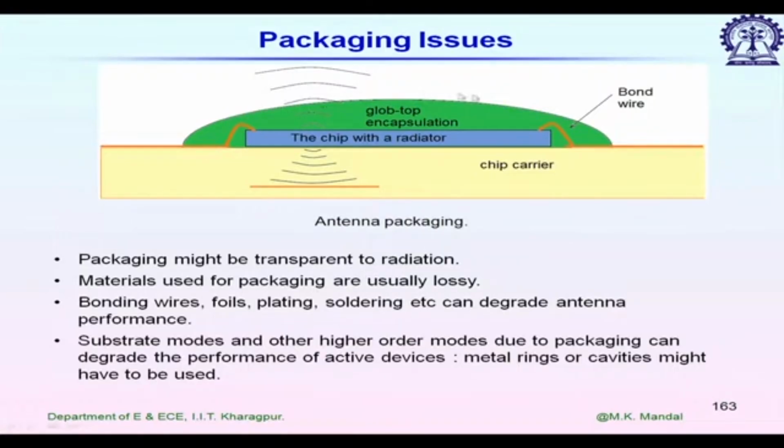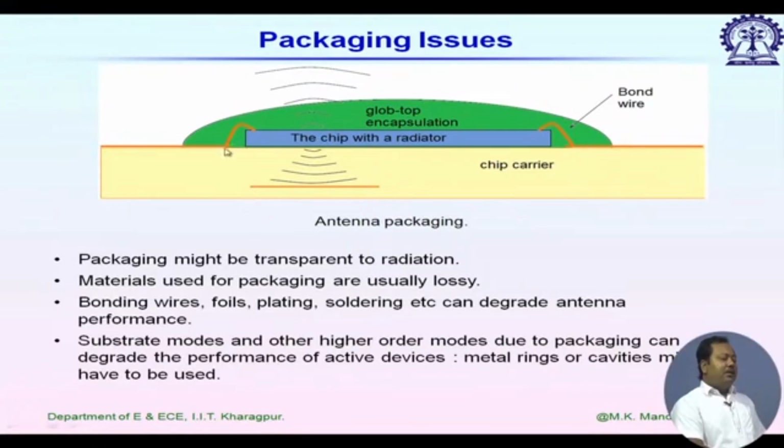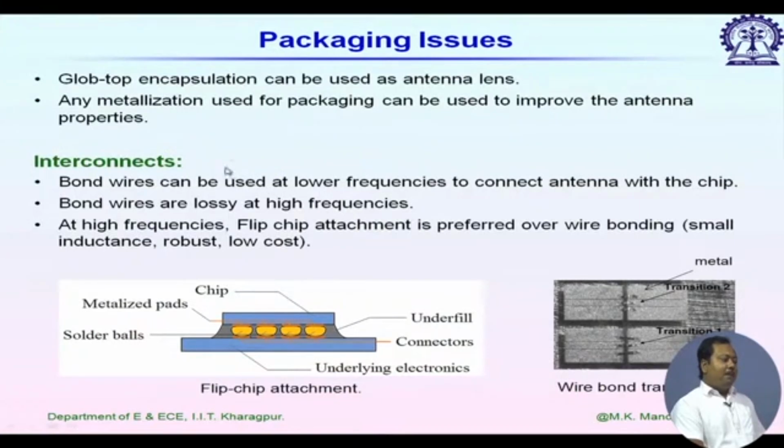This packaging layer itself can support surface wave mode, and again we may have coupling between the antenna structure and external circuit. That point also we have to keep in mind. So, typically people use metal rings or cavities to isolate the radiating structure from the rest of the structures.